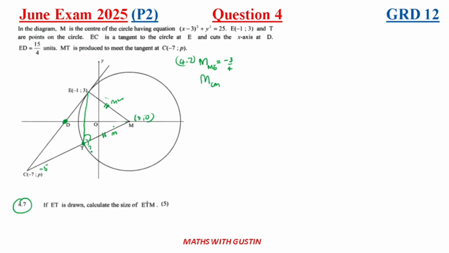If we've got those gradients, then we can get the angles of inclination. Remember, the angle of inclination is the angle that the line makes with the x-axis. So in this case it is going to be this one, and in this case it is going to be that one there.